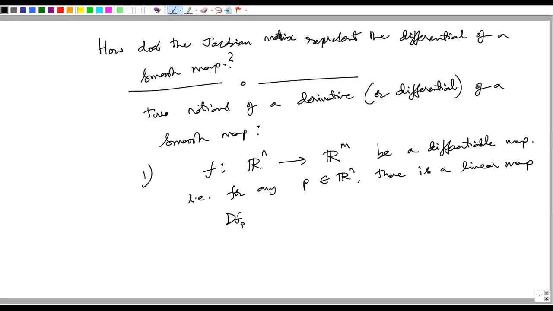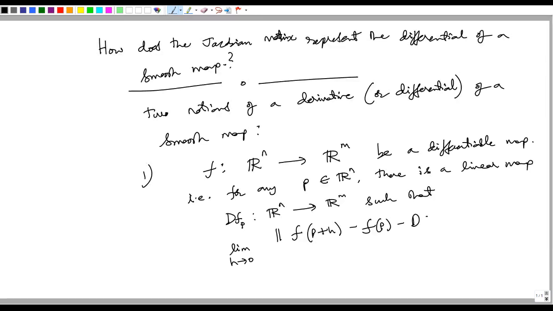There's a linear map, and again, this map is between R^n and R^m, such that the defining property of this linear map is that the limit as h goes to 0 of the norm of f(p+h) minus f(p) minus DF_p acting on h, divided by the norm of h, is equal to 0.